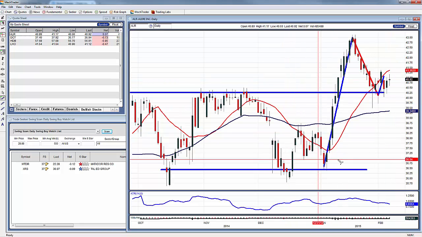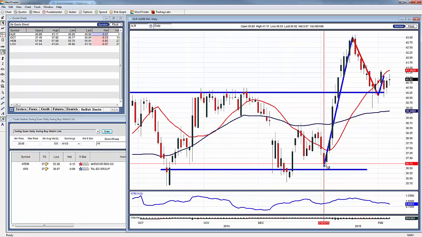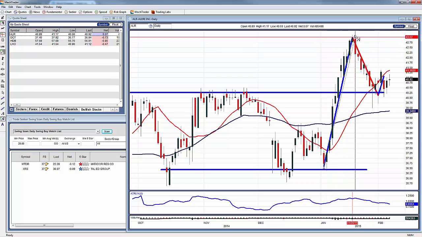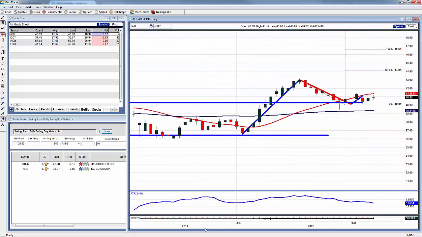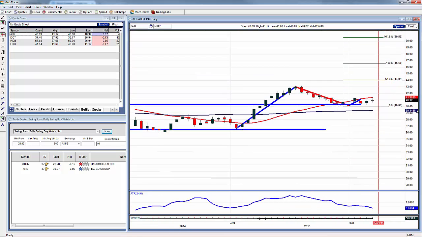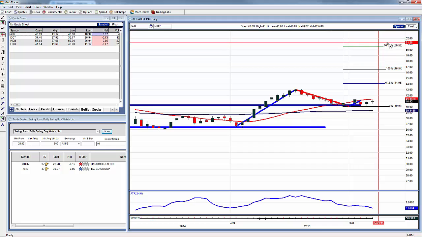Okay, and now my target order, I'm going to draw my Fibonacci here, draw the motive wave, back down to the corrective wave, and going into wave 3, what can I target? The 161 or the 100? You can target 161, but I'm going to target 100.